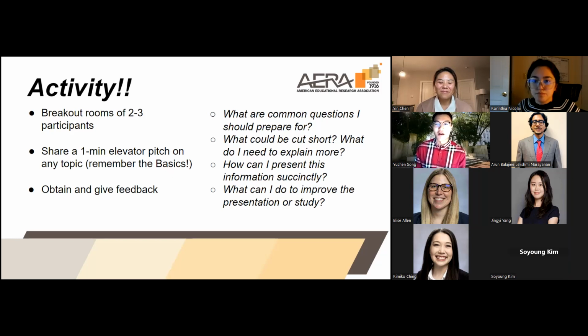On the right side of the slide, there are some prompts that you can think about when brainstorming your elevator pitch, and what kind of feedback you might expect to give to others. Does everything sound good?